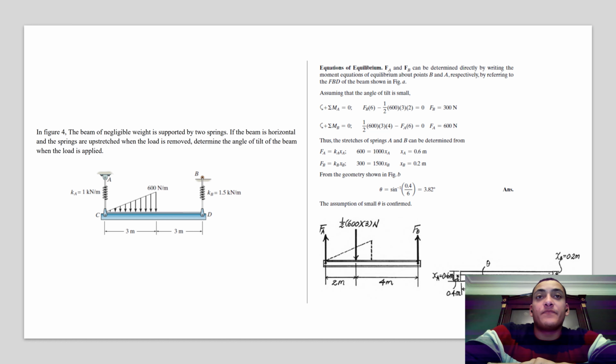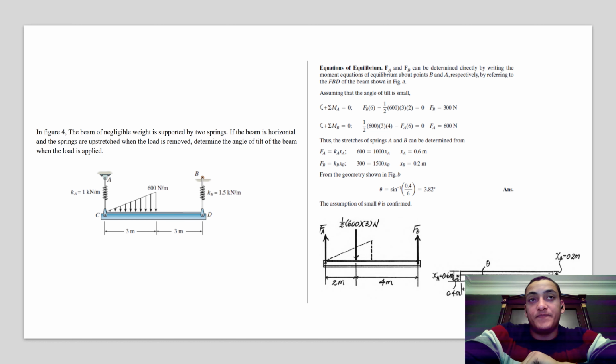Thus, the stretches of springs A and B can be determined from 600 equals 1000 XA. XA is 0.6 meters, the stretch of the spring, representing X. And for FB, 300 equals 1500 multiplied by XB, so XB is equal to 0.2 meters.